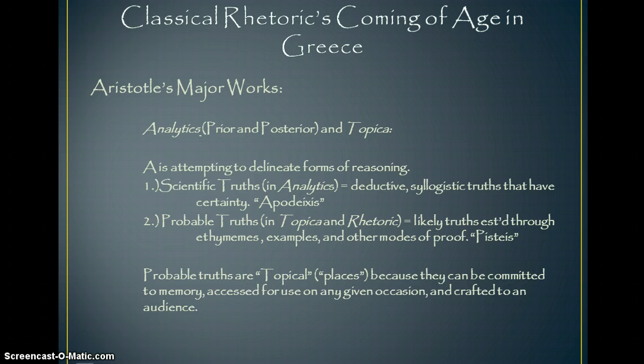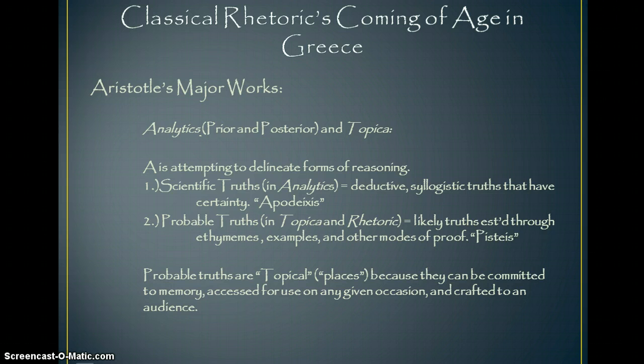These probable truth arguments can be accessed for use on any given occasion, and they can be crafted to an audience. So when we're dealing with pisteis, probable truths, in the realm of rhetoric, argumentation, versus apodeixis, which is scientific and whatnot. People don't argue about that, right? They don't argue about math, 2 plus 2.